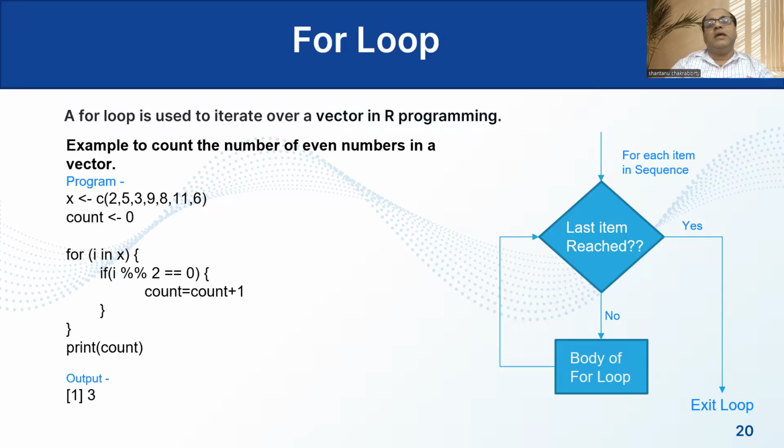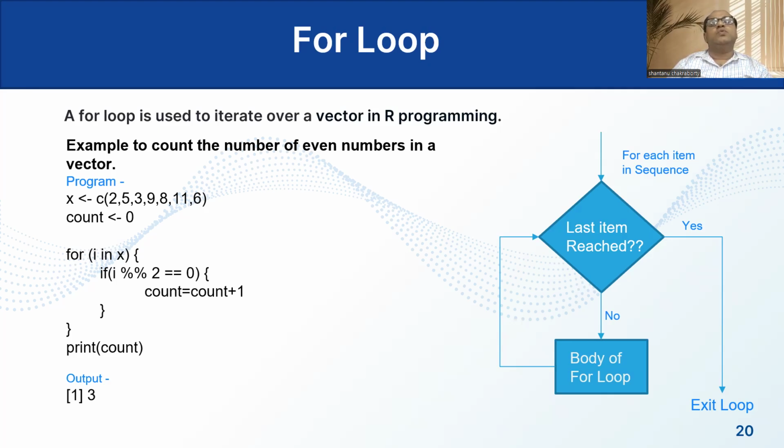Now, this is an example of a looping construct and the if else condition that we have used. So we check for a condition. If the condition is met, the counter will be incremented by 1 and it will print the count. Basically, we count the even numbers in a vector.